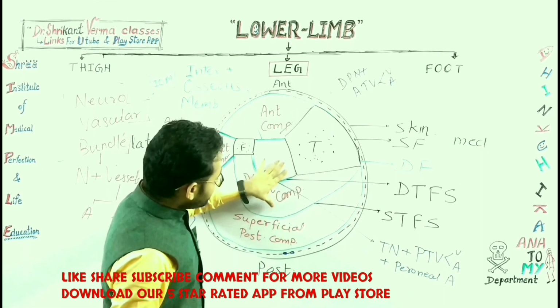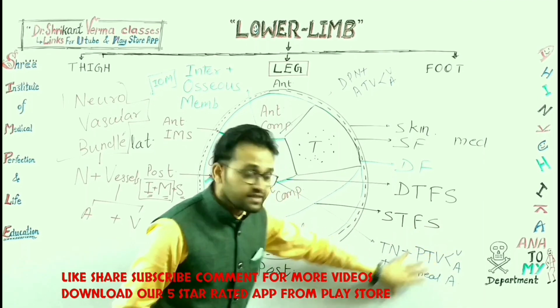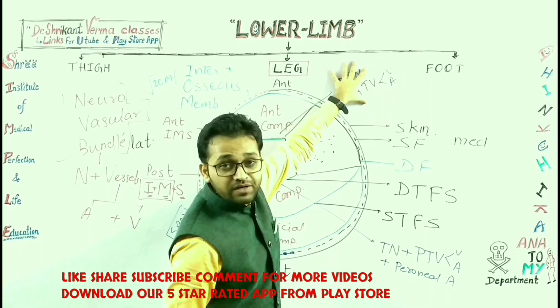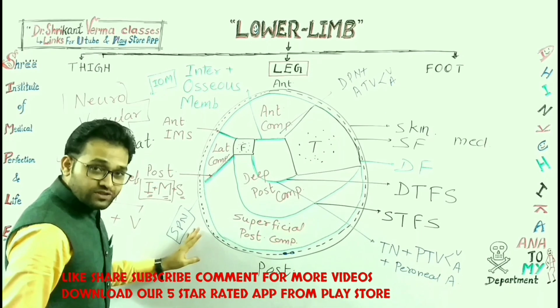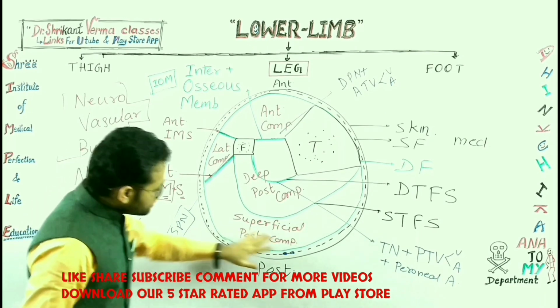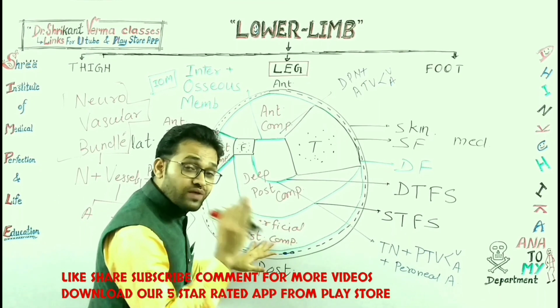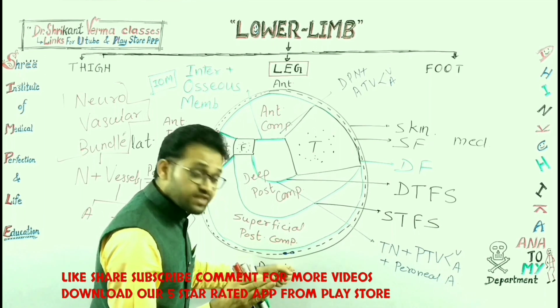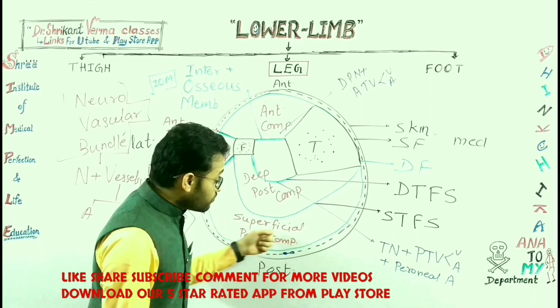So this deep posterior compartment also has the neurovascular bundle. The anterior compartment also has the neurovascular bundle. The lateral compartment also has the neurovascular bundle. But the superficial posterior compartment does not have the neurovascular bundle. The nerves are present, but they are subcutaneous, cutaneous sensory nerves, not motor nerves.